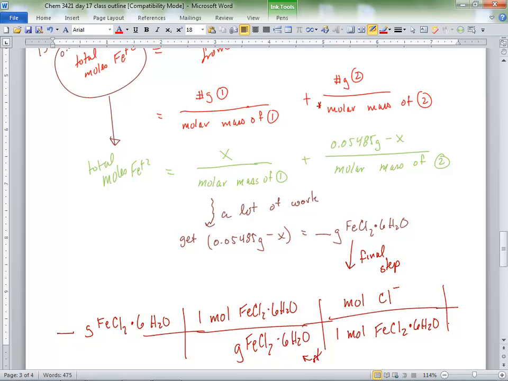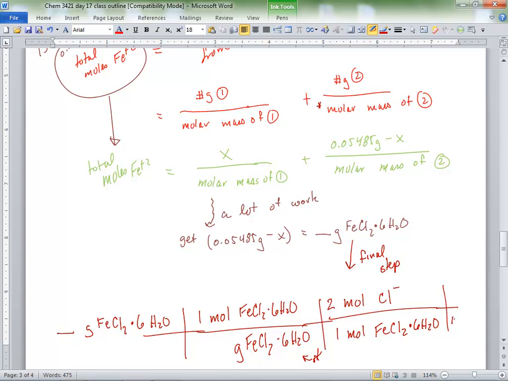The formula tells you. 2 of them, right? It's like how you found the molar mass of this compound: 1 iron, 2 chlorines, 12 hydrogens, and 6 oxygens. So for every one of those, I have 2 of those.